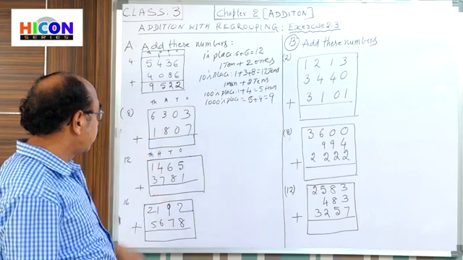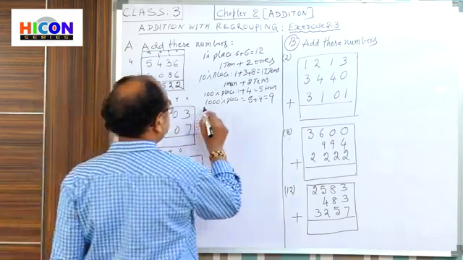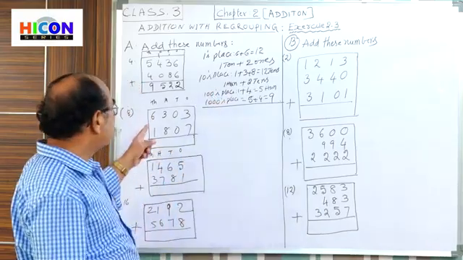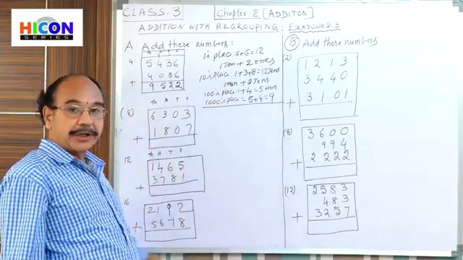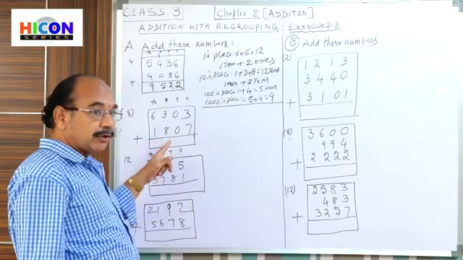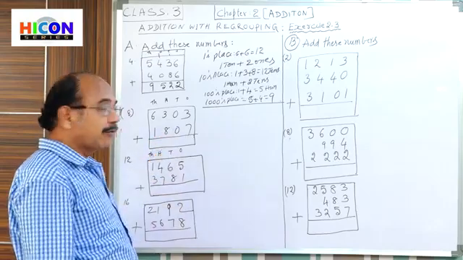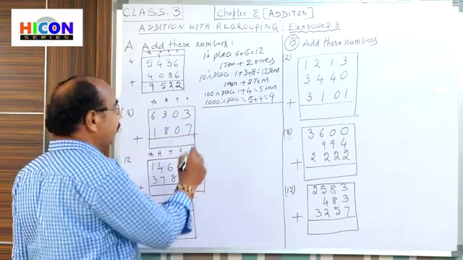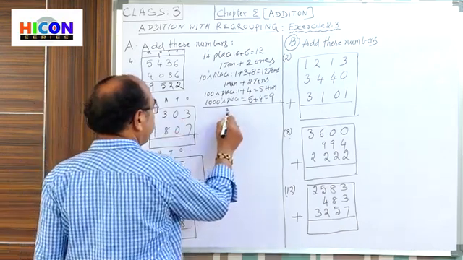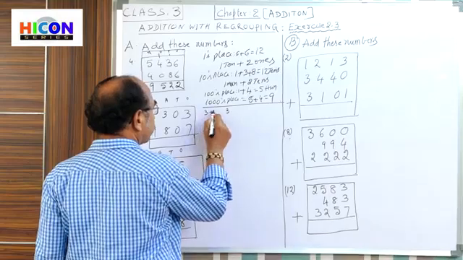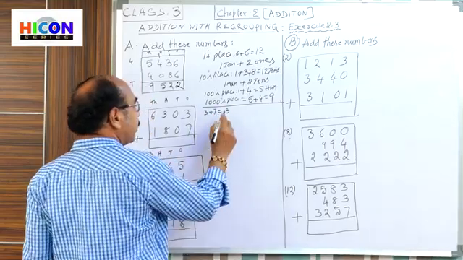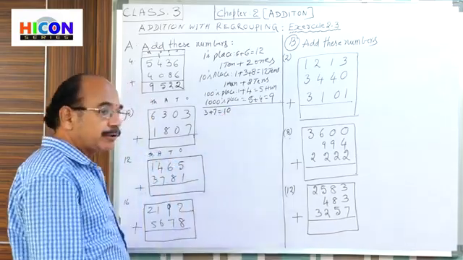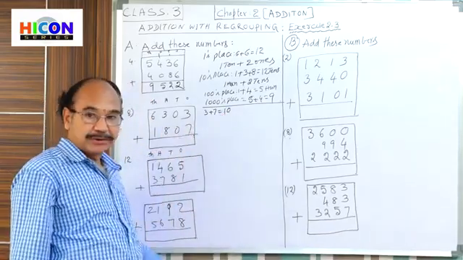Now, like this, see this one, 8th question. 6,303 plus 1,807. What are the digits in the ones place here? 3 and 7. 3 plus 7, how much here? 10. 3 plus 7 is equal to 10 ones.